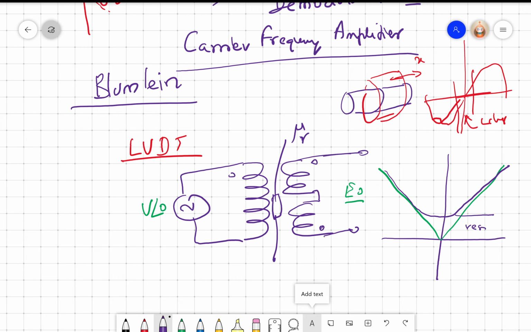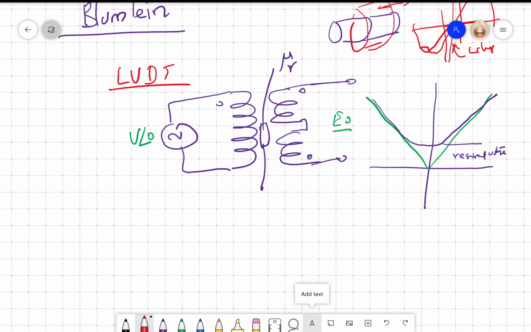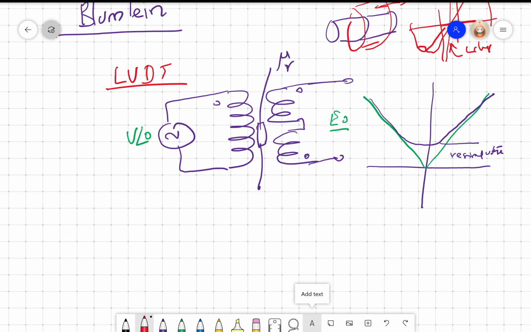So there will be a residual voltage. We already saw that the residual voltage arises because you cannot construct these two coils, L1 and L2, exactly identical, and also there will be parasitic capacitances which may not be equal, right?